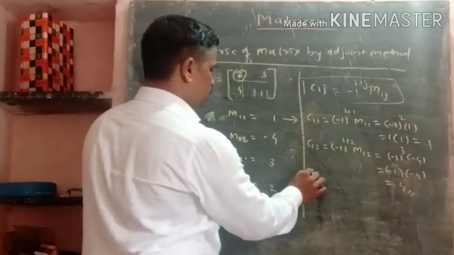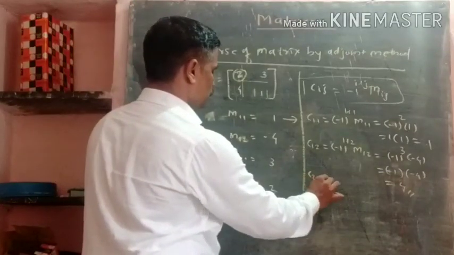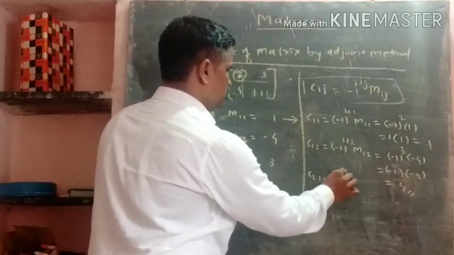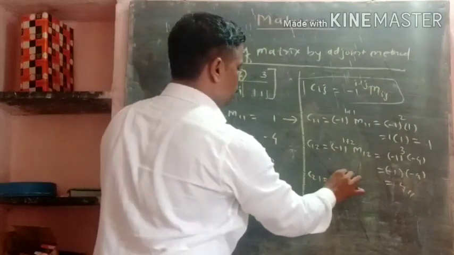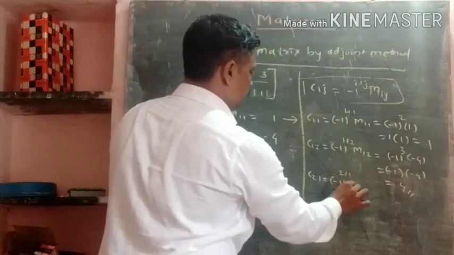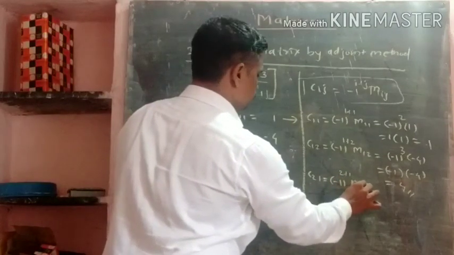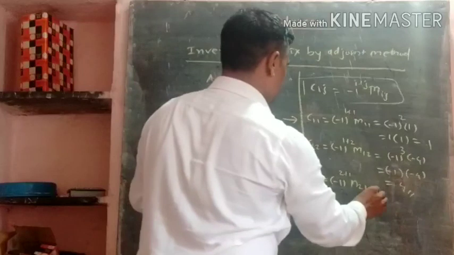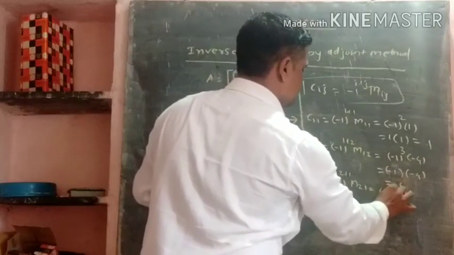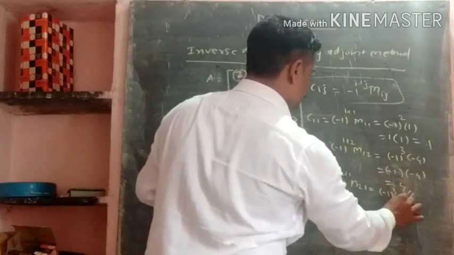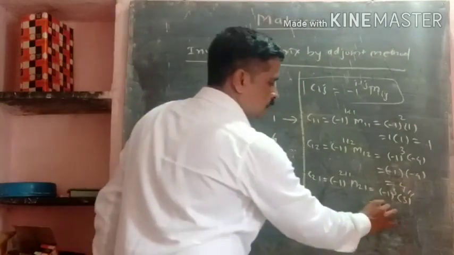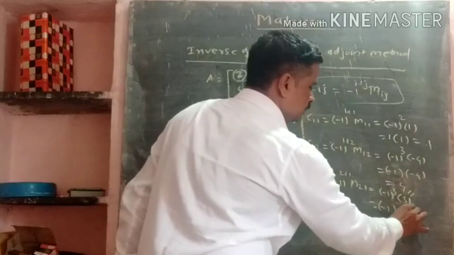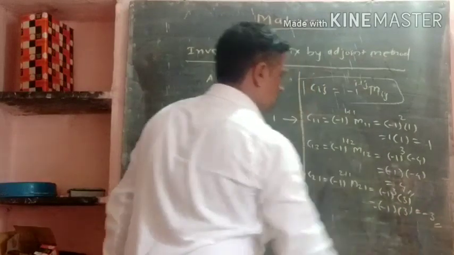Again C21 is minus 1 raised to 2 plus 1, that is 3, into M21, which equals 3. So minus 1 raised to 3 into 3, that is minus 1 into 3, equals minus 3.